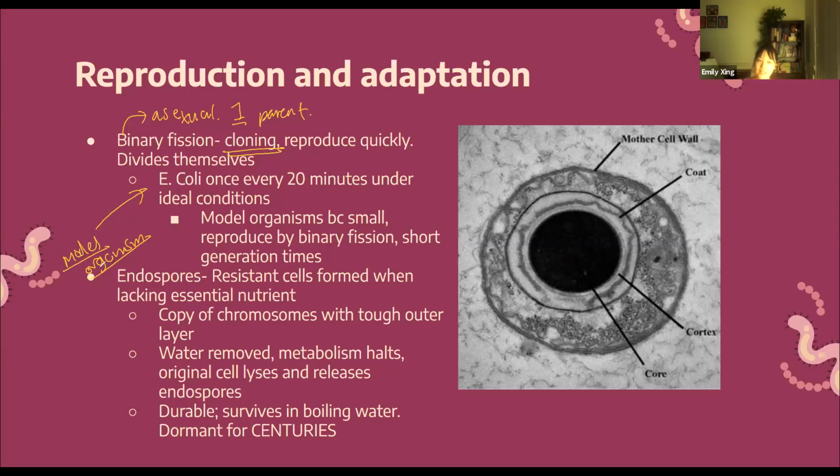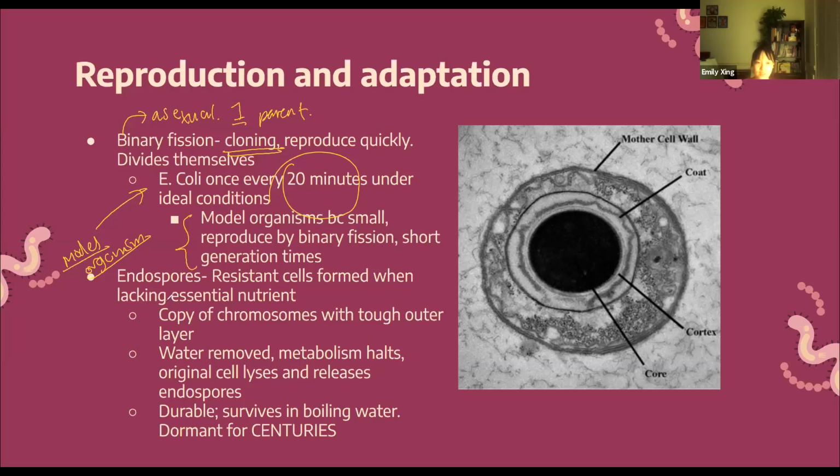So E. coli is an example of a model organism, and it reproduces every 20 minutes under ideal conditions. That means that if there are not enough nutrients, it's not going to reproduce. But under ideal conditions, once every 20 minutes, which is insanely short, part of why they picked it to be a model organism.